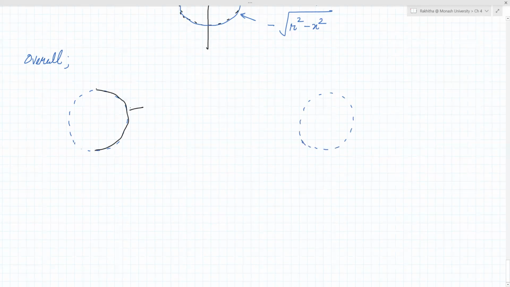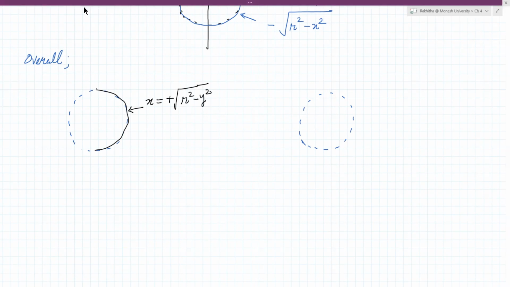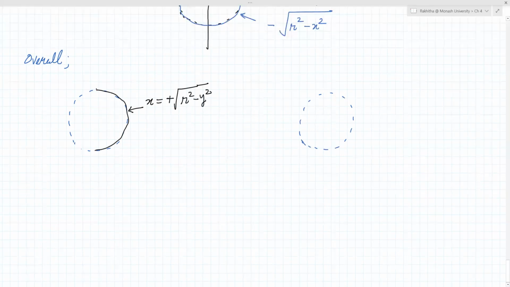So y would be my independent variable, x would be my dependent variable, and I'm in the positive side. So x would be positive square root of r squared minus y squared. See, that's how you create the logic. So once you have that, this would be obvious.